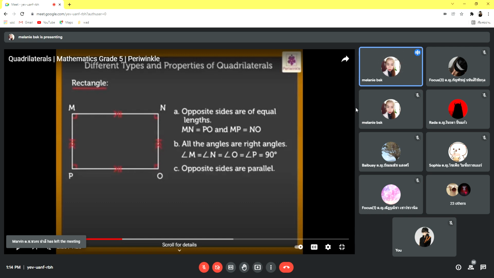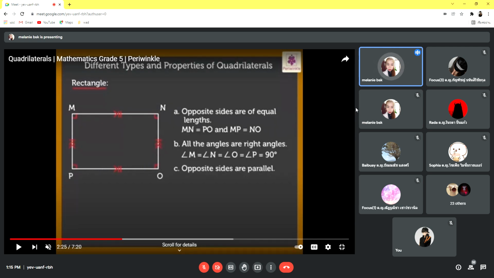Put a check if the shape is an equiangular quadrilateral. Equiangular quadrilateral, all the angles are right angles or 90 degrees. On this part, we have 1, 2, 3, 4. They are all 90 degrees.